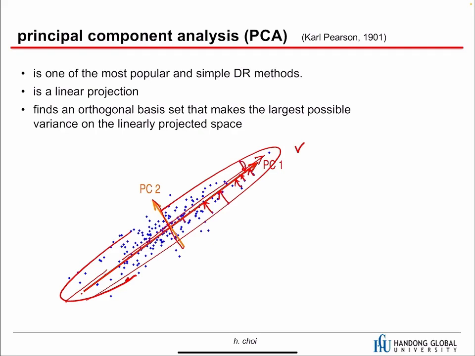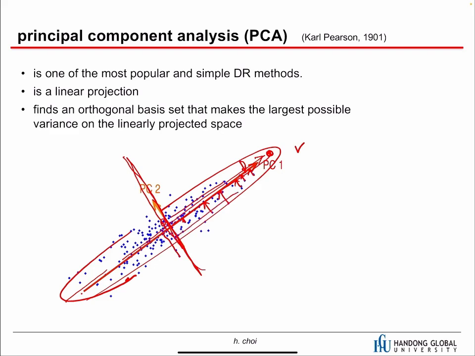Okay, but this one will lose a little information, but this one will lose lots of information. But think about this one. If we have a dimension in these directions, then this one will lose a lot of information. This one will lose lots of information.